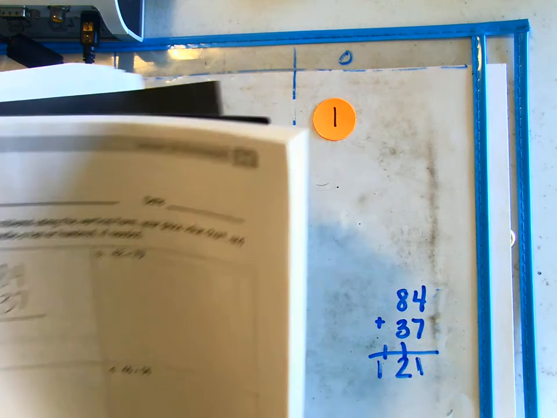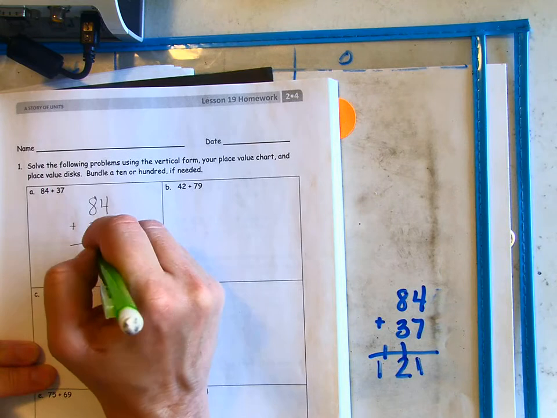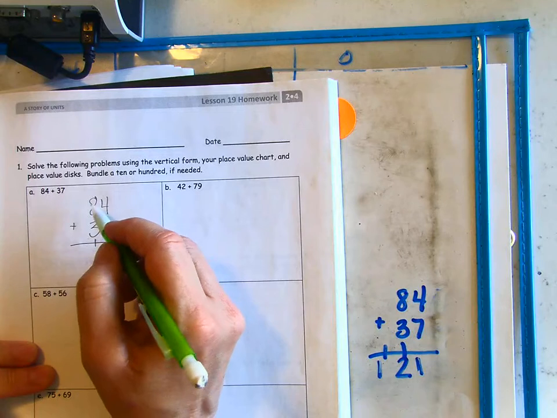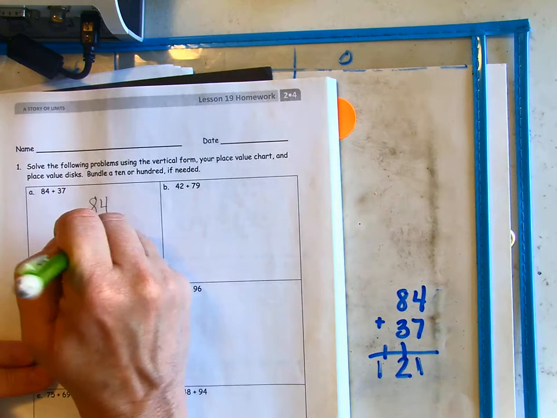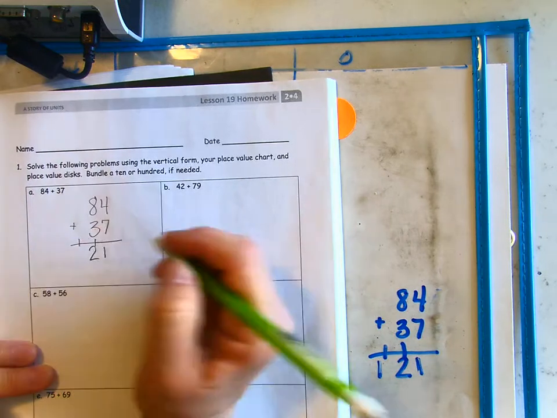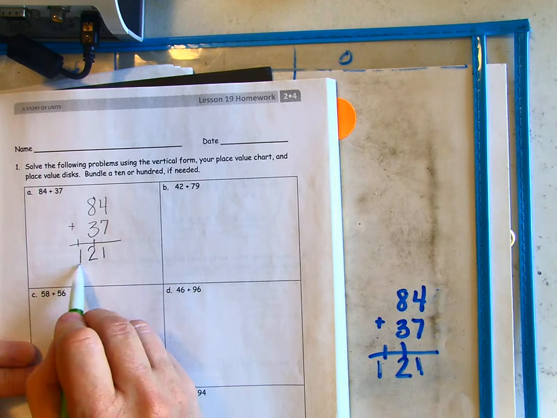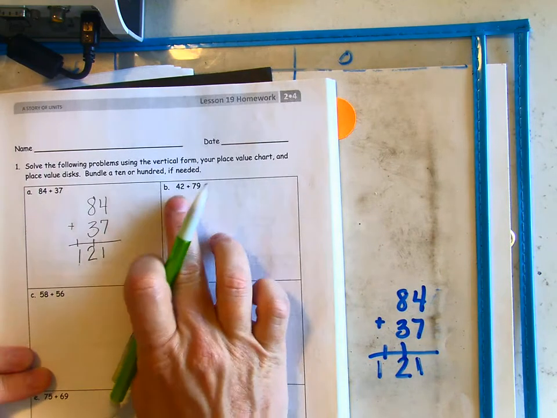And your book should look like this. 4 plus 7 is 10, 1 1. 8 plus 3 plus 1 is 100 and 2 tens. We bring the 100 down. 121. Let's go on to the next one.